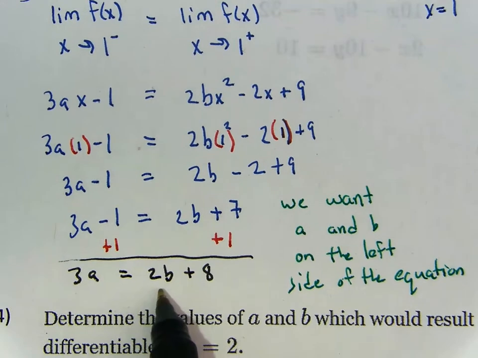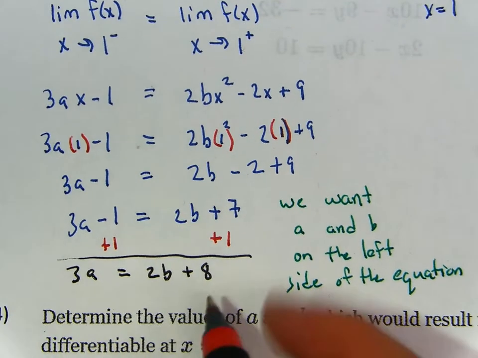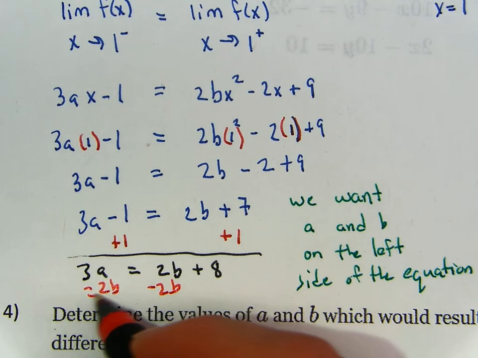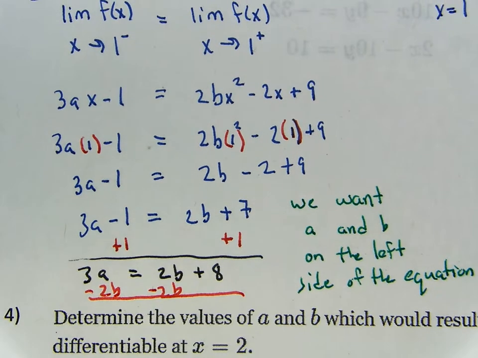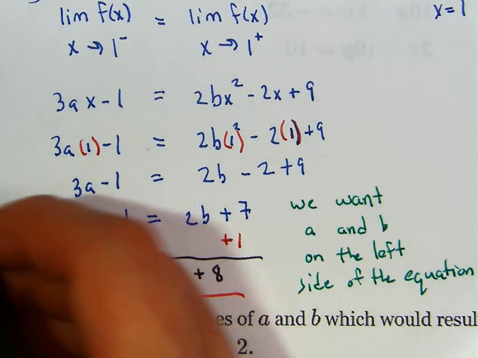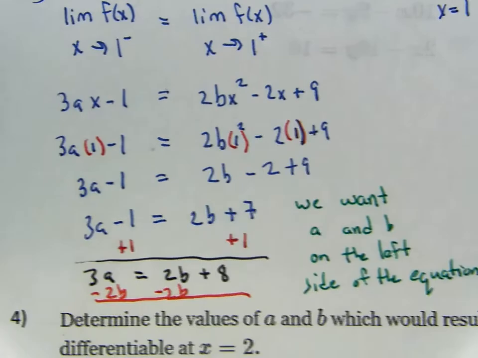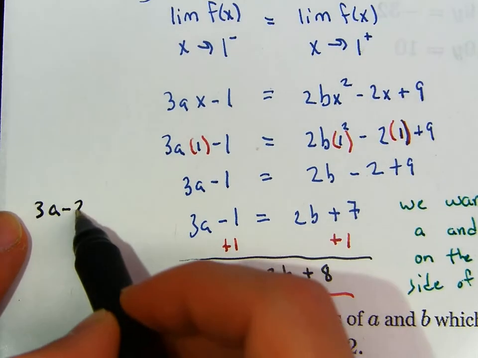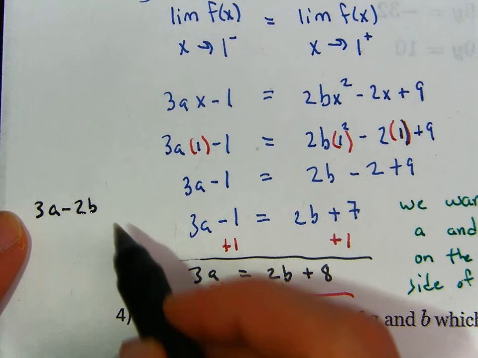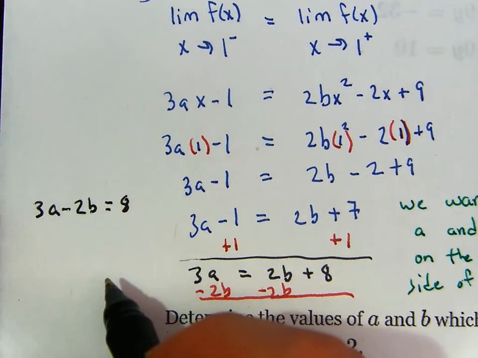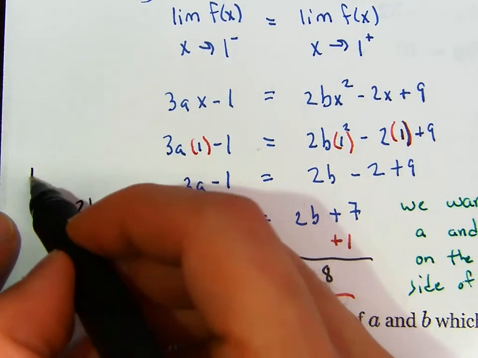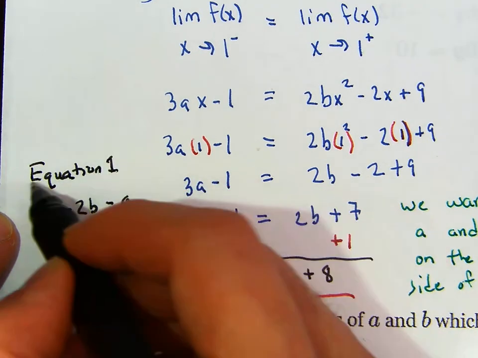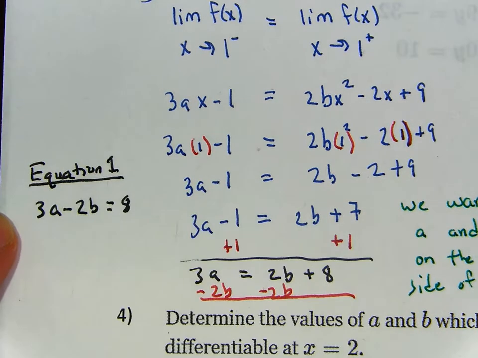But now let's move the b to the left side. So I'm going to do a minus 2b and a minus 2b. And notice what are we left with? We're left with 3a minus 2b equals 8, okay? And notice that this is equation 1.